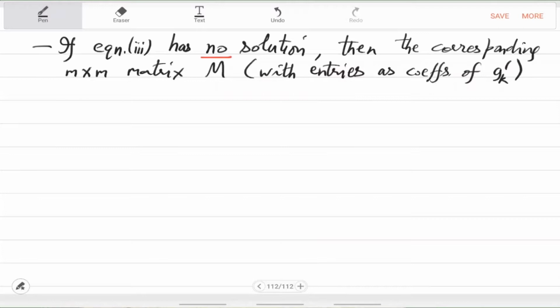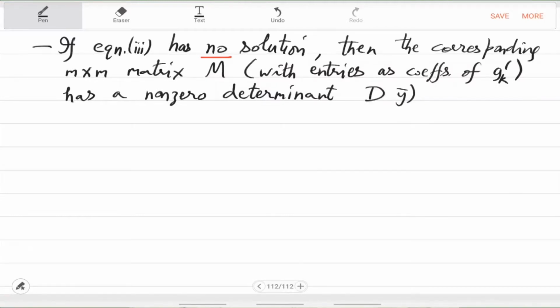Then this corresponding matrix M has a non-zero determinant. Right, it's a homogeneous equation.